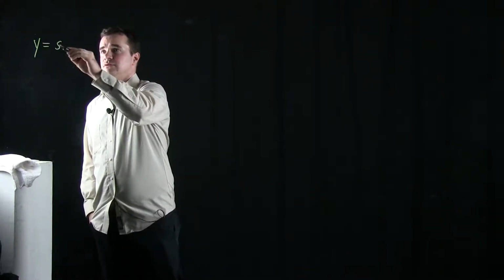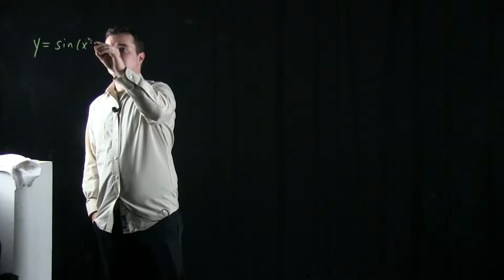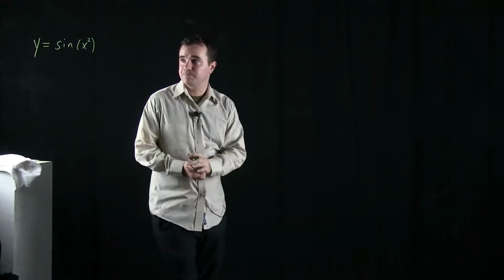Let's do a few examples with the chain rule, just seeing it in practice, how to compute these derivatives. So for instance, let's start out with maybe y equals sine of x squared.